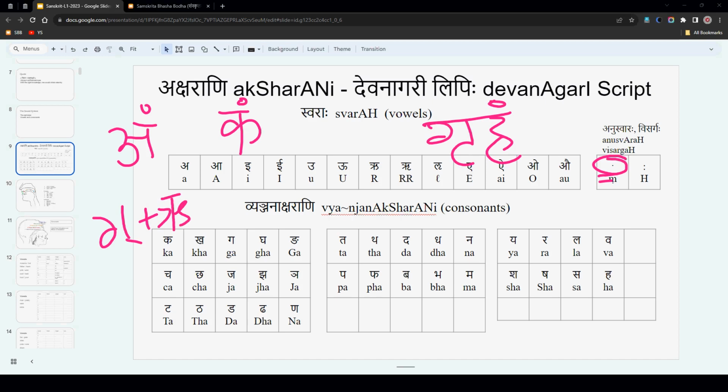What is this ru? This is a swara, not vyanjanam. Ru, g, ru plus ha, and there is an anuswara after this. Sorry, there is also an a, right? A, and then there is an anuswara after this.